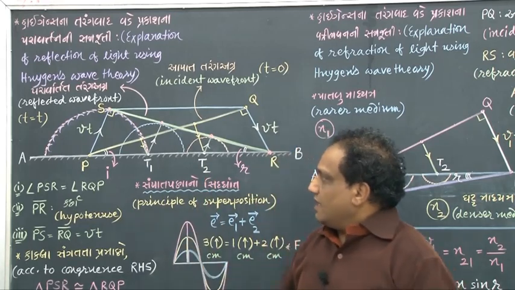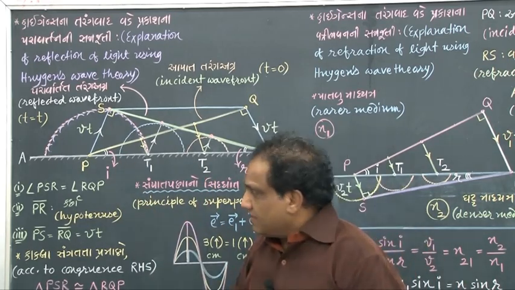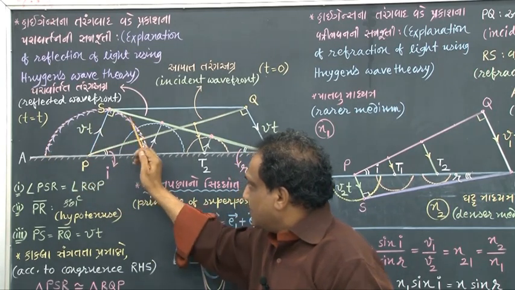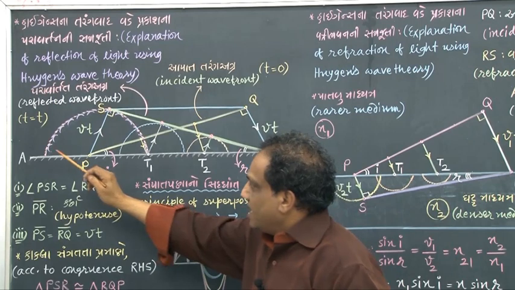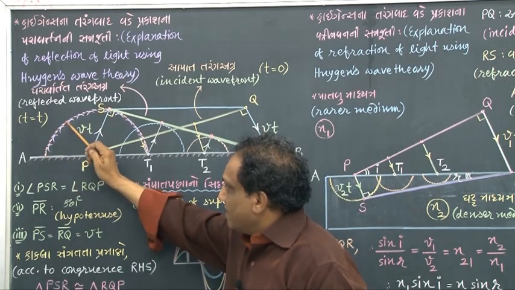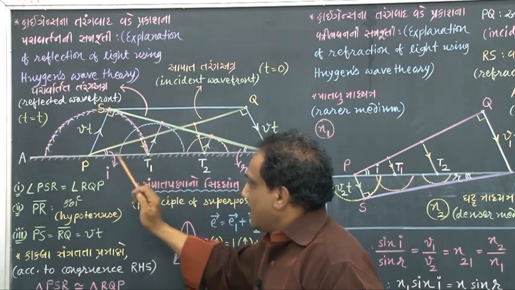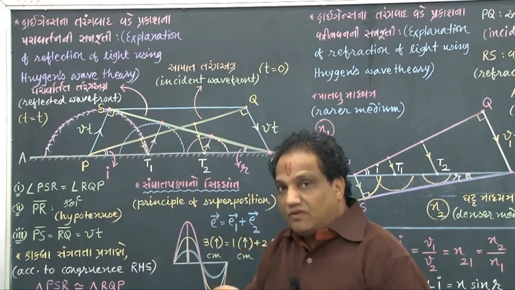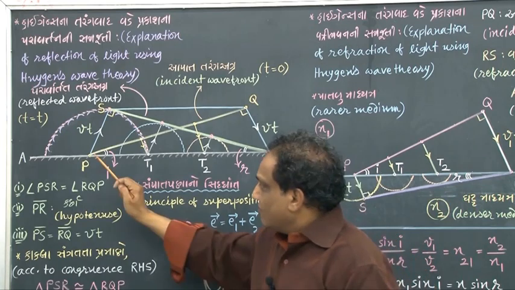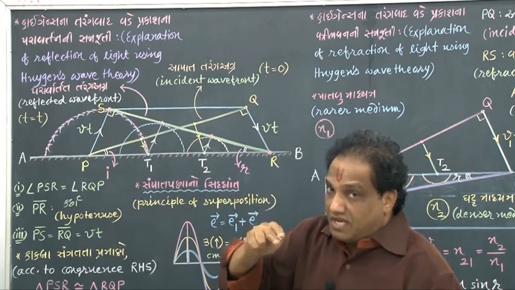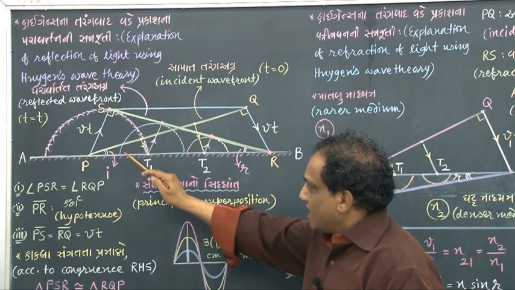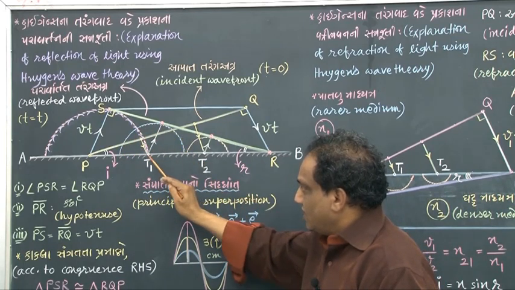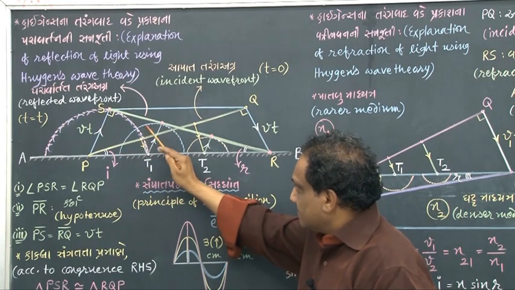Now, at the end of t time, if we think of a surface which is tangential to all these secondary spherical waves, then it will give you the shape and position of the new wavefront emitted from point P at the end of t time. The way you get the new wavefront from point P at time t, same way, the new wavefront at time t from point t1 will be this.